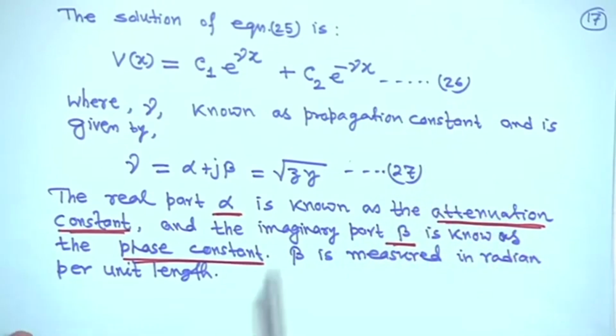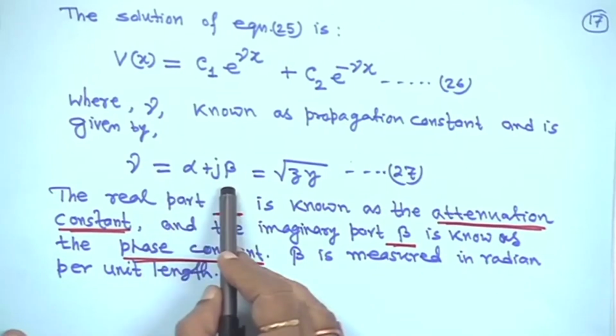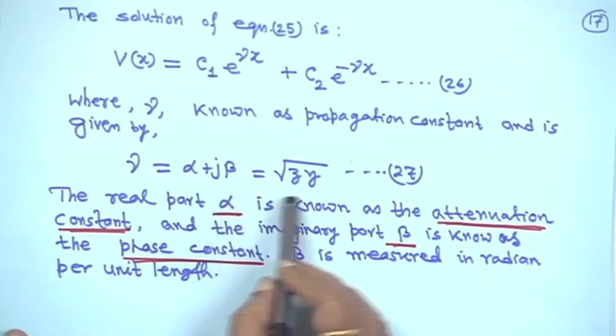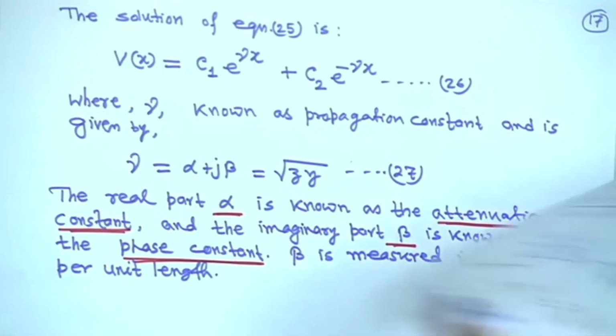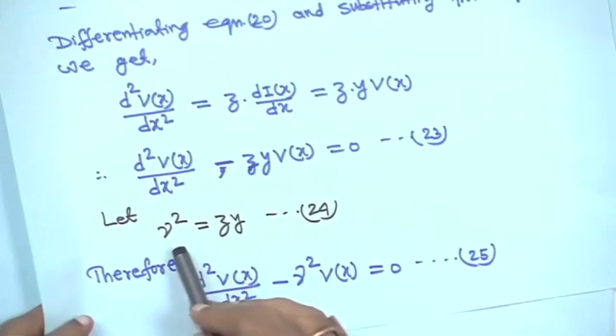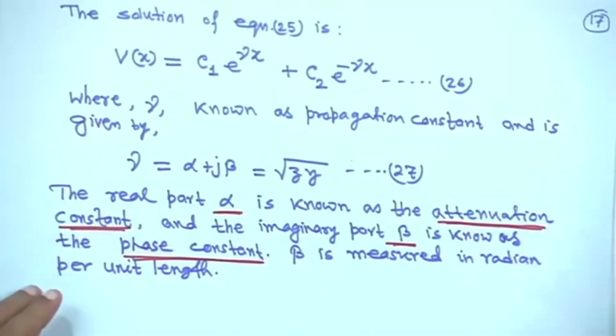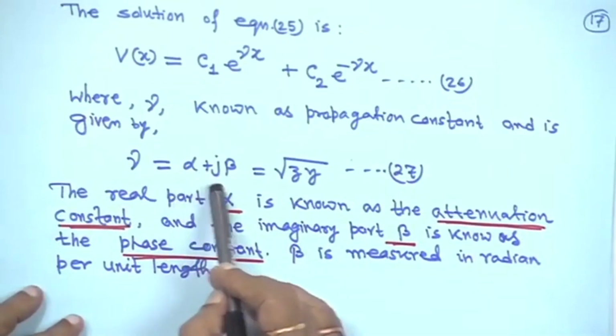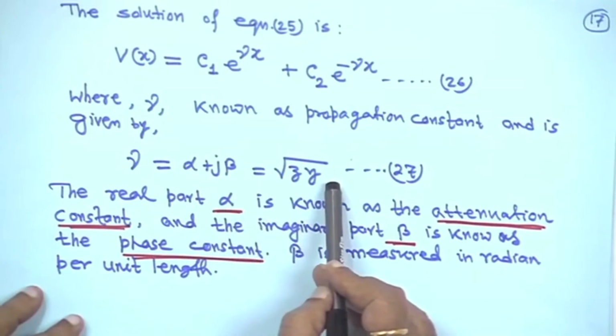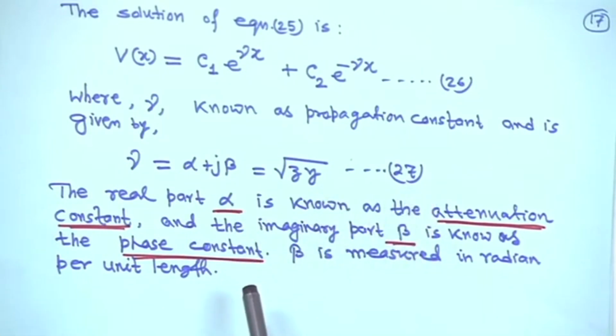So, gamma is known as the propagation constant and is given by γ = α + jβ = √(zy), because γ² we have taken as zy. This is equation 27, called the propagation constant.